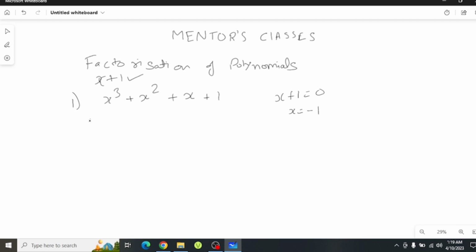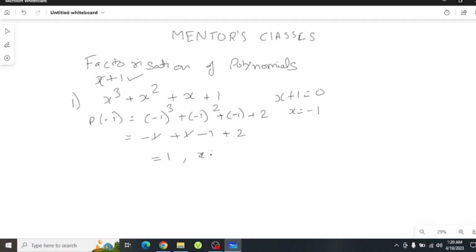Now we will put this minus 1 in our polynomial and we will find out the value. So this will become minus 1 plus 1 minus 1 and plus 2. So our result is plus 1.